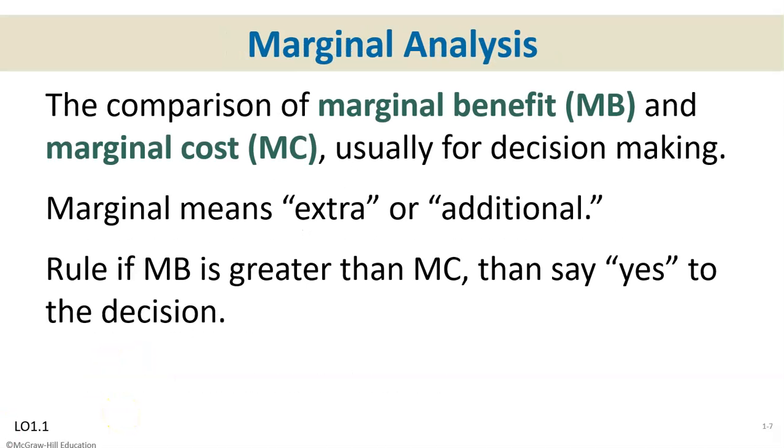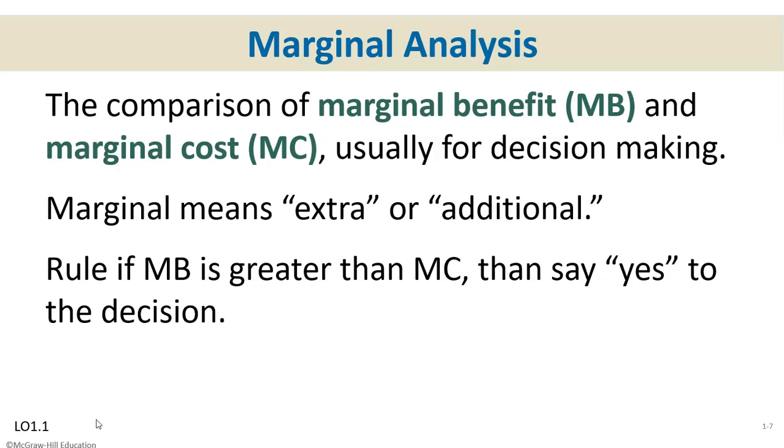The next part of our economic perspective is called marginal analysis. Whenever we're making decisions, either individuals or businesses, every time they make a decision, they're weighing the costs and benefits. And they're actually weighing specifically the marginal costs and marginal benefit.